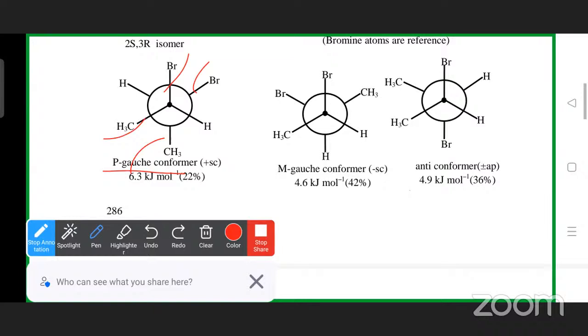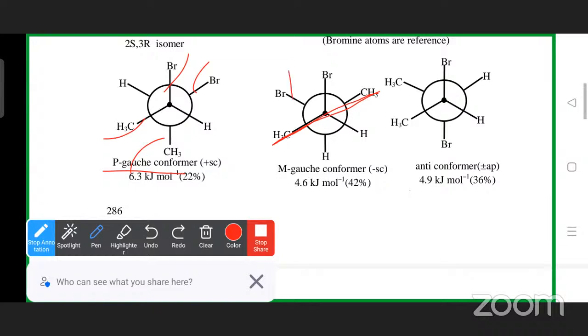Now in the M gauche conformer, you see here these methyls are in the anti or trans direction, in the opposite direction. So methyl gauche interactions are neglected, there are no methyl gauche interactions.